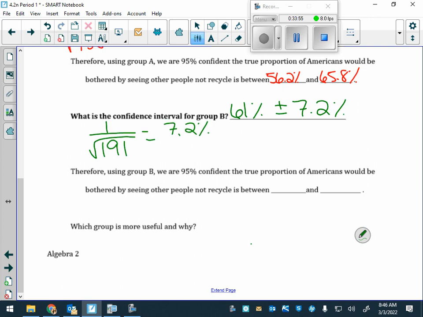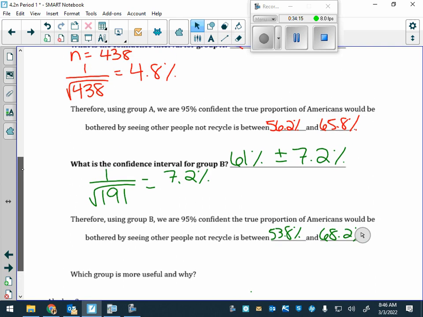And Eva gave us our confidence statement. The true proportion of Americans who would be bothered by seeing other people not recycle is between 53.8% and 68.2.